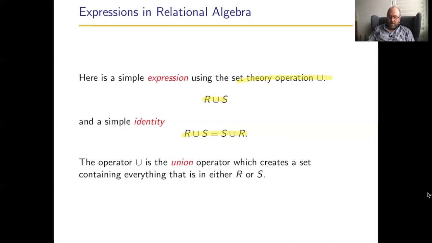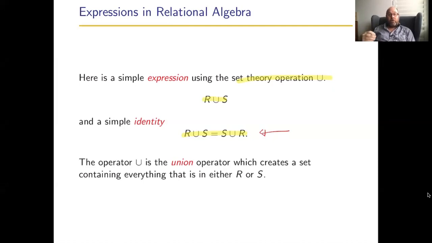Why might this identity be useful? Well, it just means that the query optimizer can choose whether to do R union S or S union R, and it's guaranteed to get the same answer.